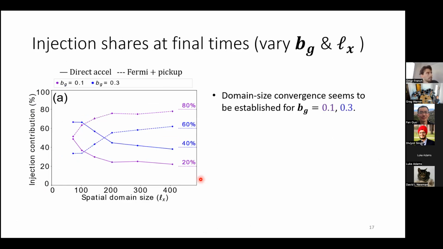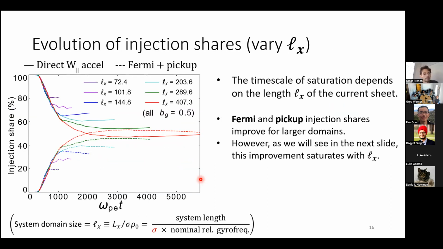Wait, why is the box size affecting things? Does it affect how reconnection proceeds? There are different possibilities. One is there's more time. If the number of light crossing times is preserved, then a larger box means there are more gyro frequencies that can happen, so there are more opportunities for Fermi pickup injection.